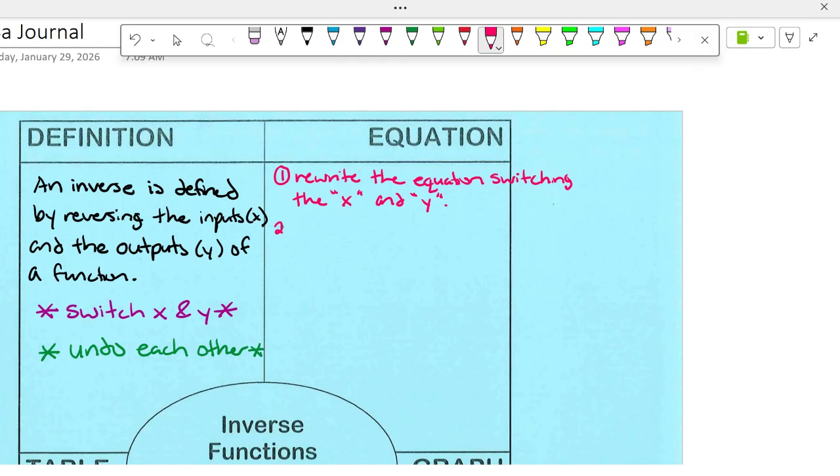Once we rewrite it, and again, if you don't understand these steps just yet, it's okay. We'll do an example, so just write them down for right now. Then solve for y.